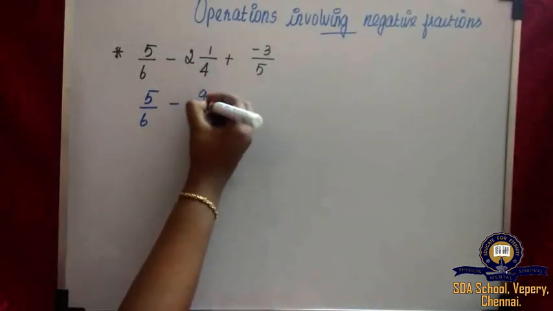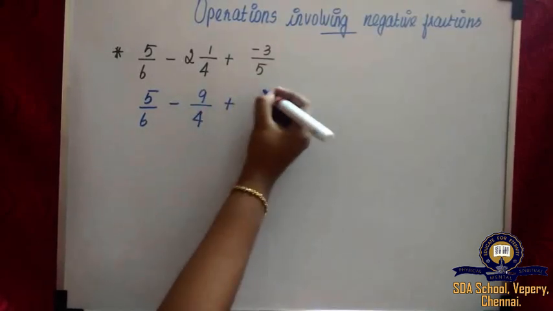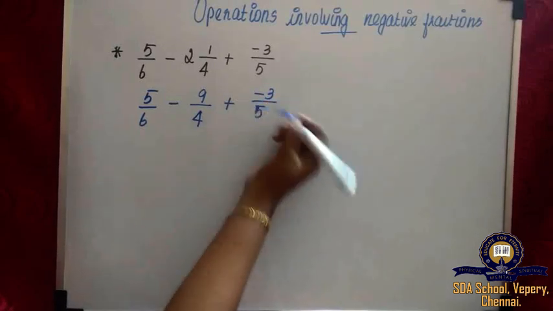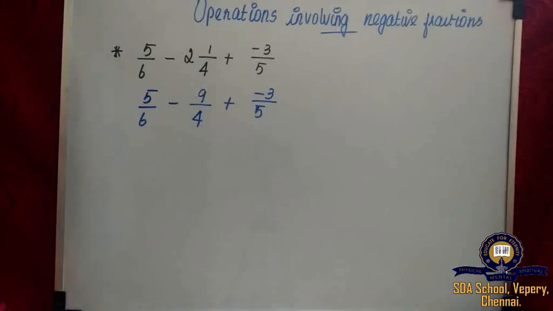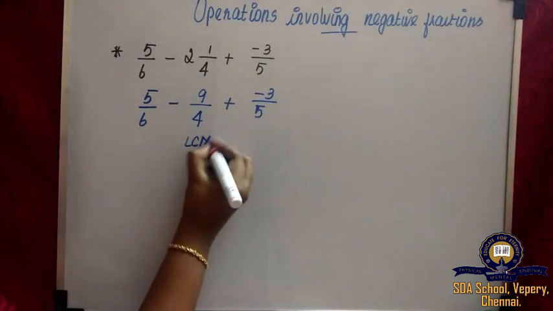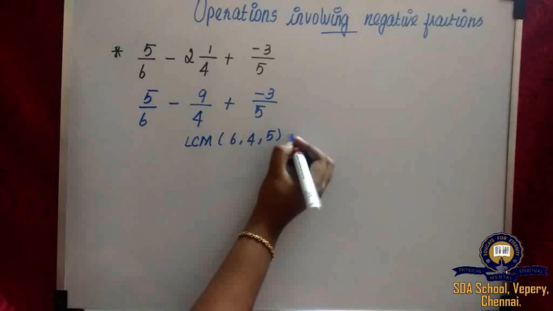So, it is 9 by 4 plus minus 3 by 5. So, when you look here, we have got unlike fractions. So, first we need to convert them into like fractions. For that, we have to find the LCM of 6, 4, 5.